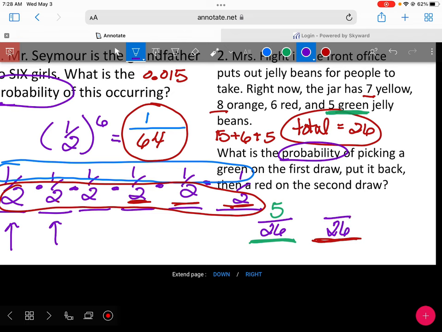And for the second draw, I'm looking for how many reds I have. Well, go back in the problem. How many red jelly beans do I have? 6. So multiply those together. Top times top, 5 times 6 is going to be 30.